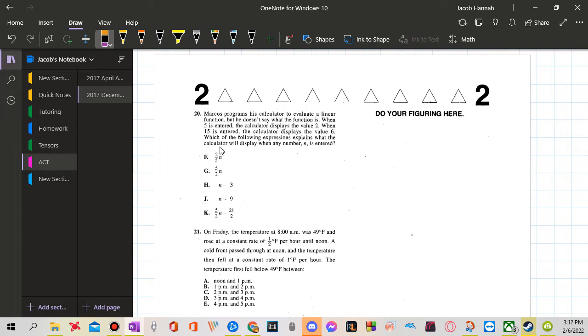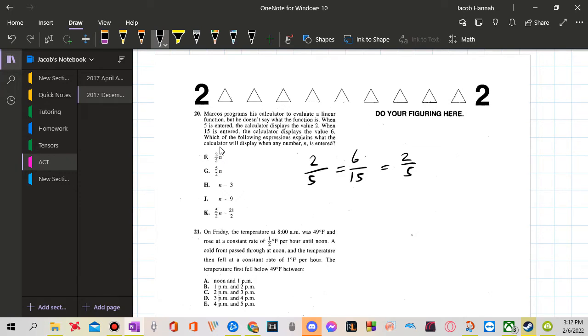So the first one gives a value of 2. Let's write the value it gives out over the input, 5. And if you do the same for this side, it reduces to 2 over 5.